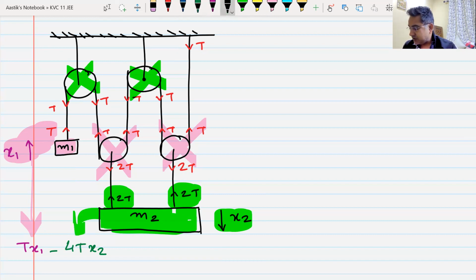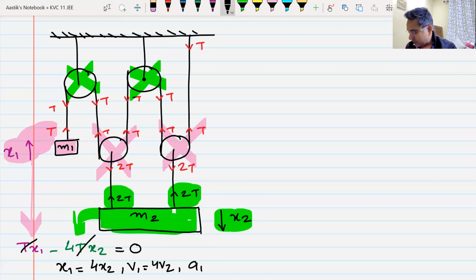That must be equal to 0. Work done by tension should be equal to 0. Tension cannot become 0, because if tension becomes 0, they are not related to each other. So I get x1 as 4 times of x2. V1 becomes 4 times of V2, and A1 becomes 4 times of A2.